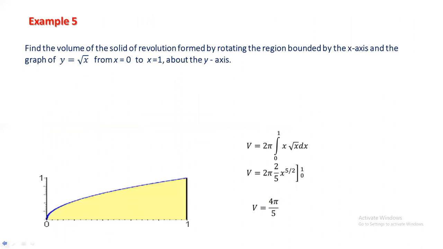You have that area. Find the volume of the solid of revolution formed by rotating the region bounded by the x-axis. So this is your x-axis. The graph of y equal to square root of x.